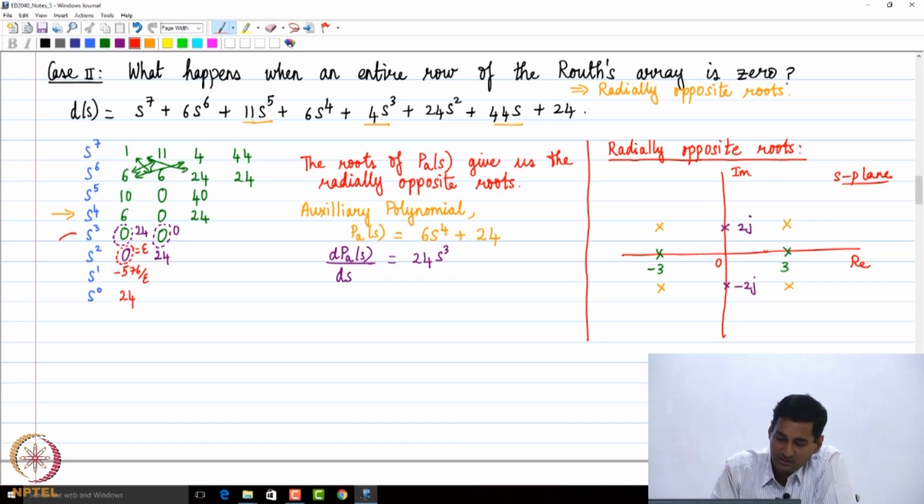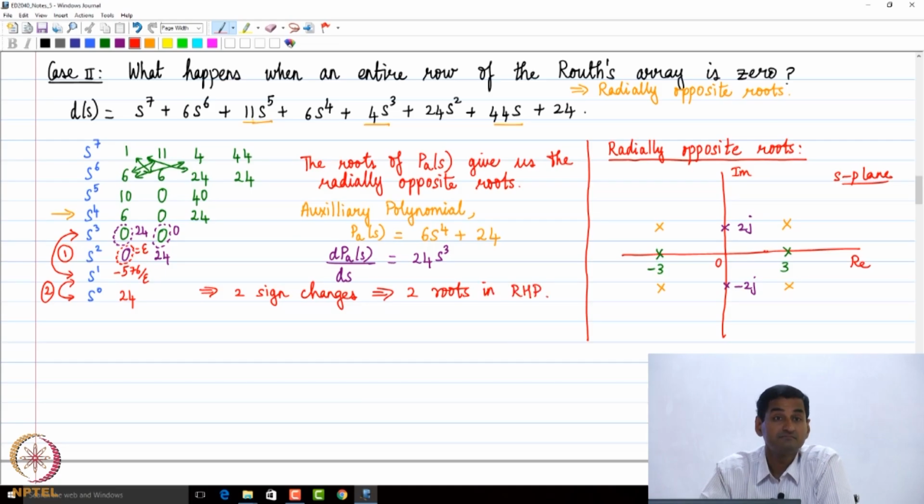So from here to here is one sign change, and from here to here is another sign change, from minus 576 by epsilon to 24. So this implies that there are two sign changes, which implies that 2 roots are in the right half plane.